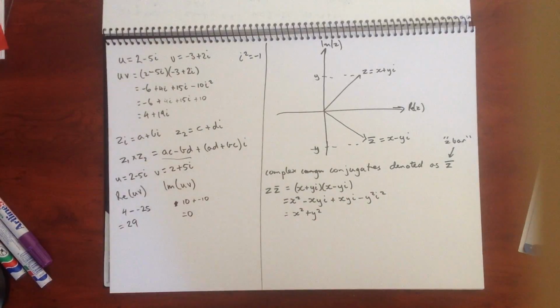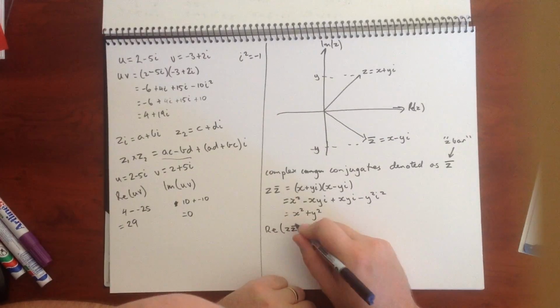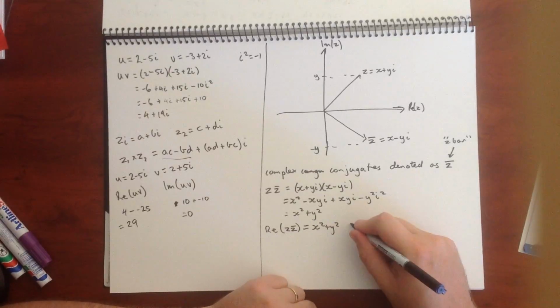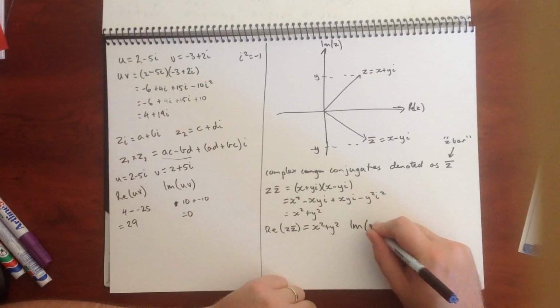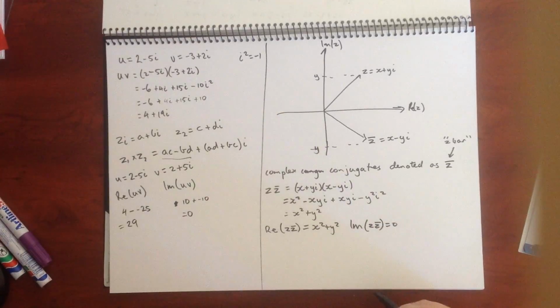So that's what happens when we actually do it. That means that the real part of z times z bar is x squared plus y squared, and the imaginary part is equal to 0, because notice we don't have any i's left. So there is no imaginary part.